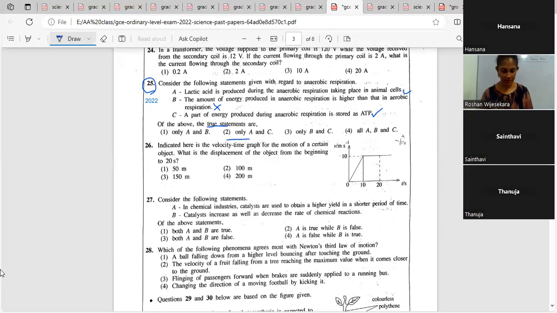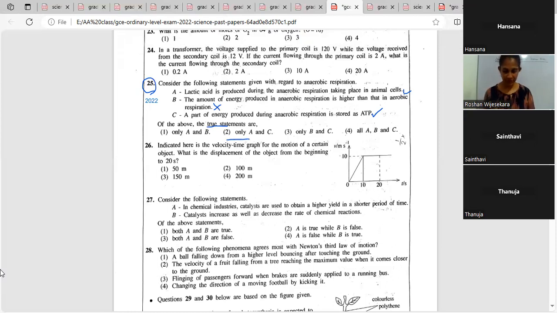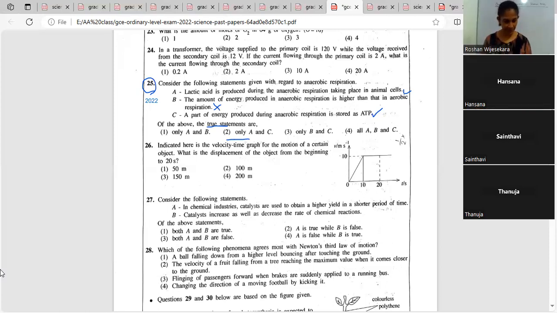Okay, correct your answers. Now we have finished discussing MCQ questions from 2016 to 2022. One, two, three, four, five, six, seven, eight, nine, ten, up to twenty. Yes, we discussed 20 MCQ questions so far. Out of 20, what is your mark? Can you send me as a message?